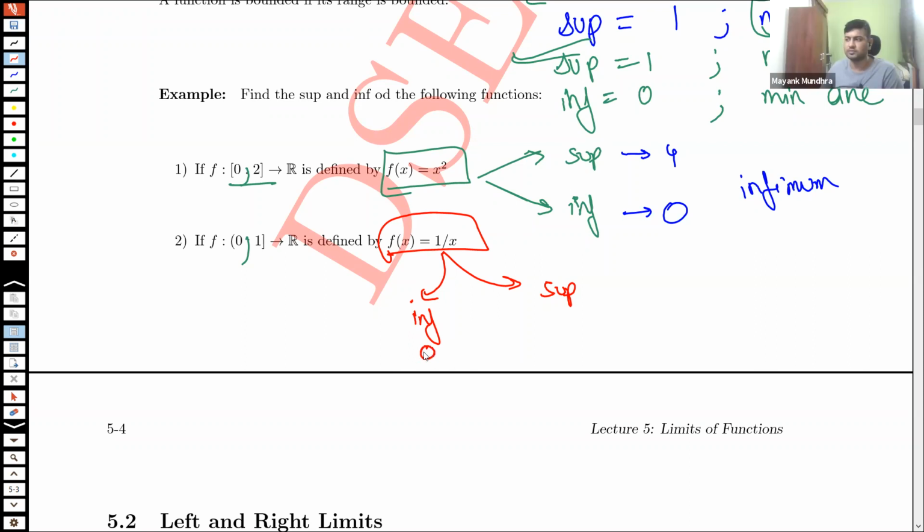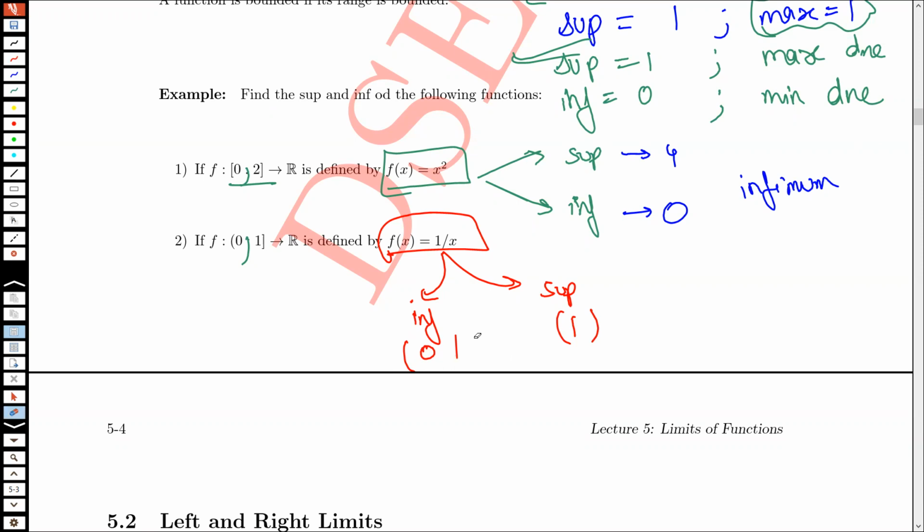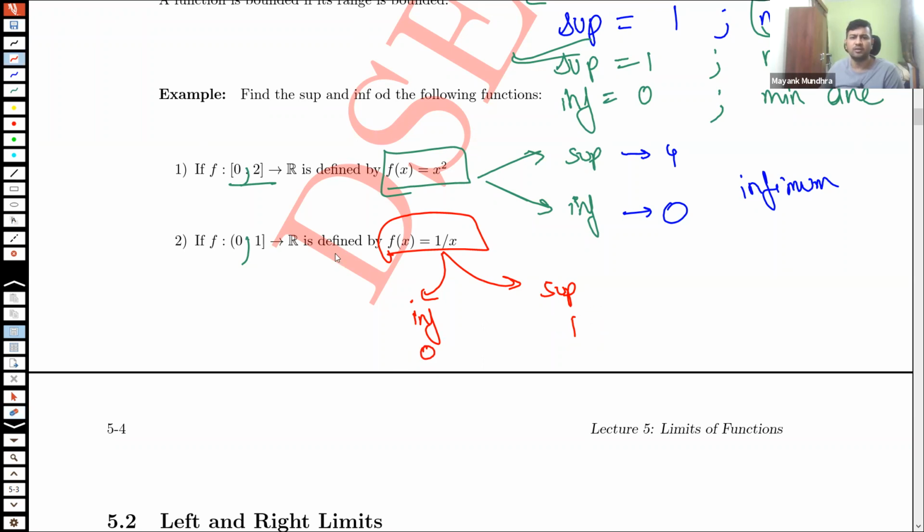Okay, so 0 and 1. Does everybody agree to this? I see some of you making some activity with your mic. That's not true. I'm not looking for the supremum or infimum of this set. I'm looking for the supremum or infimum of the f(x) values.